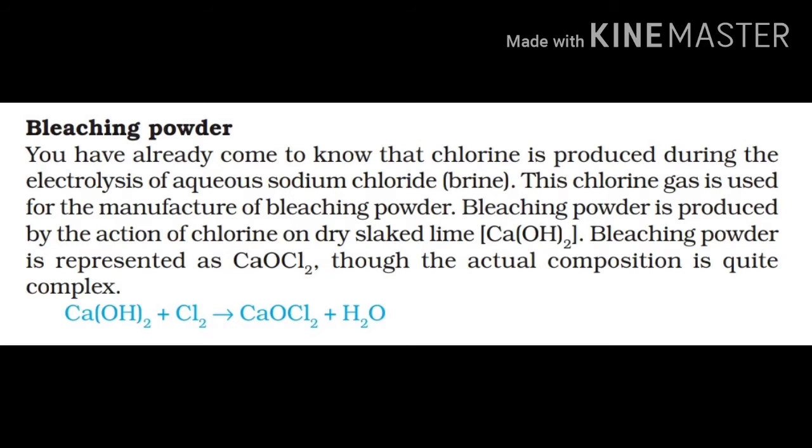Bleaching powder is produced by the action of chlorine on dry slaked lime, that is Ca(OH)2. Bleaching powder is represented by the formula CaOCl2. The equation for the preparation is Ca(OH)2 + Cl2 gives CaOCl2 + H2O.